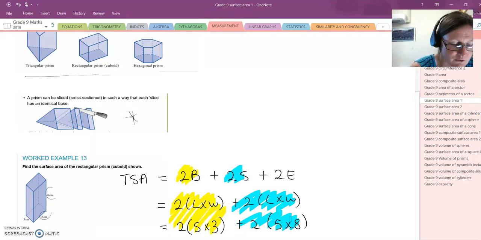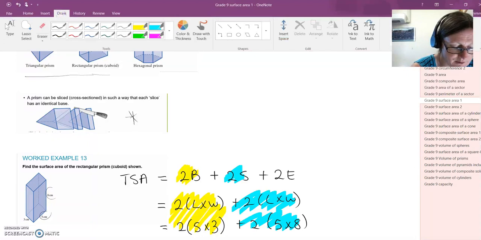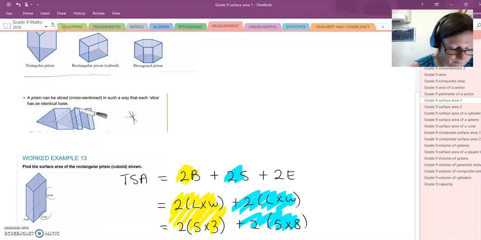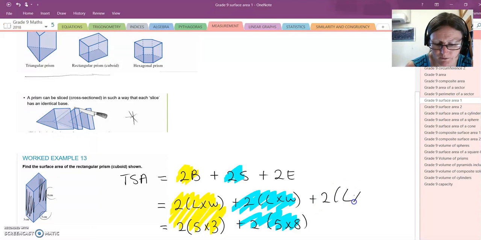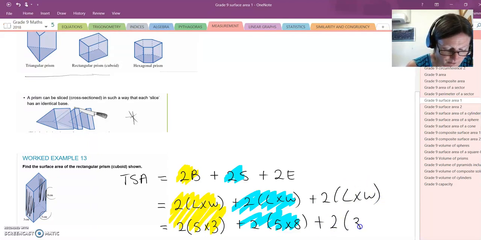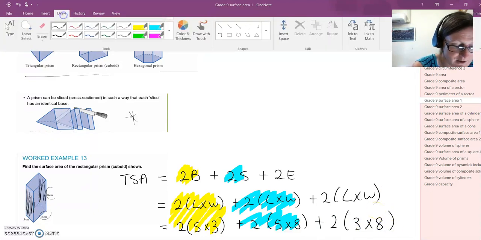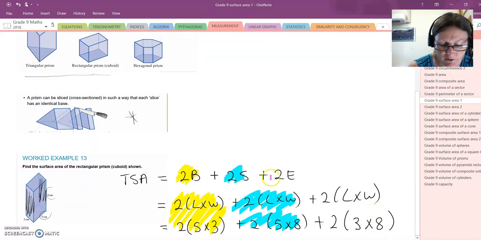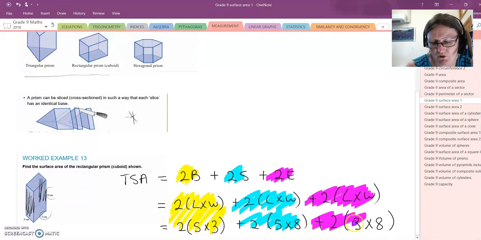And then if we look at the 2 ends, these 2 ends here, they are also 2 rectangles. For those rectangles, it's 3 by 8, length by width. So that accounts for our final 2 faces. So we've got a total of 6 faces there.